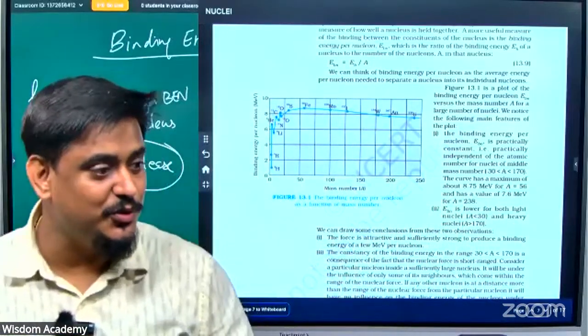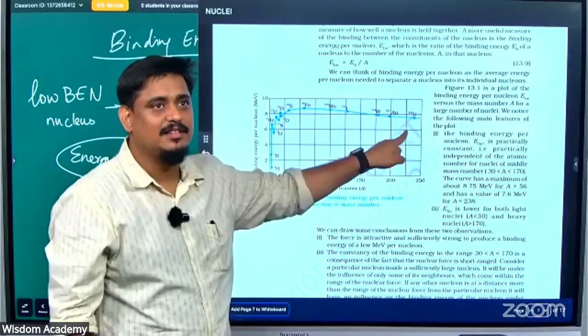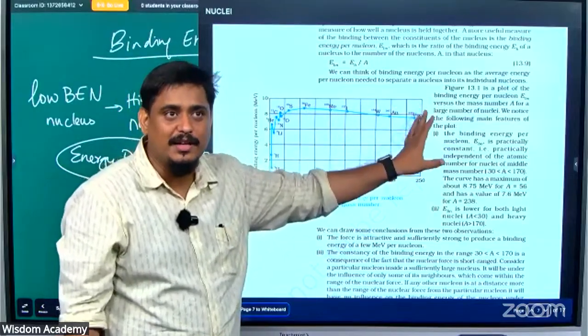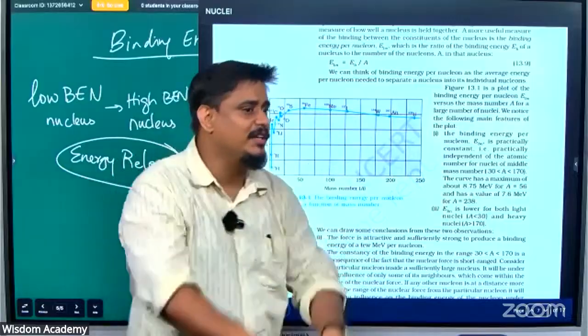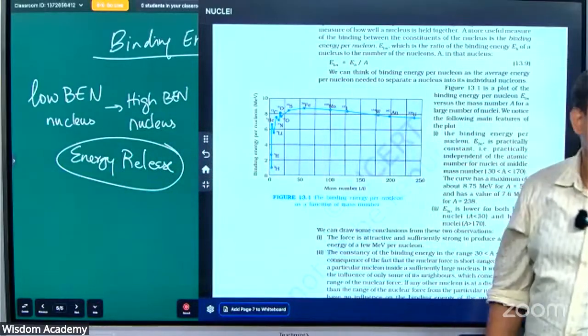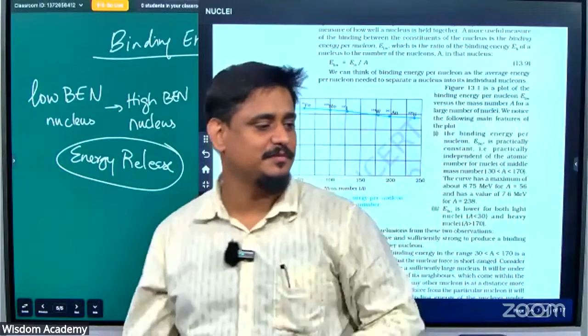Is it clear to you? Fission means if you are breaking a high BEN nucleus, like uranium or plutonium or thorium, into two mid-sized nuclei, because mid-sized nuclei will have high BEN, some energy will release. That energy is called fission.